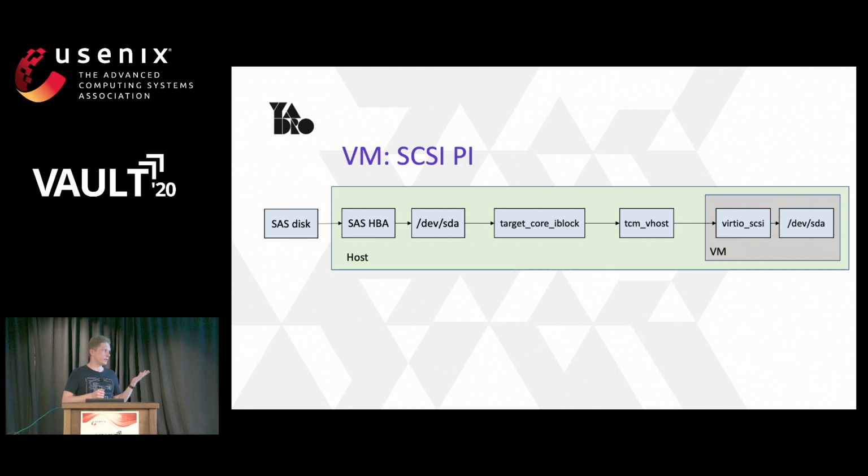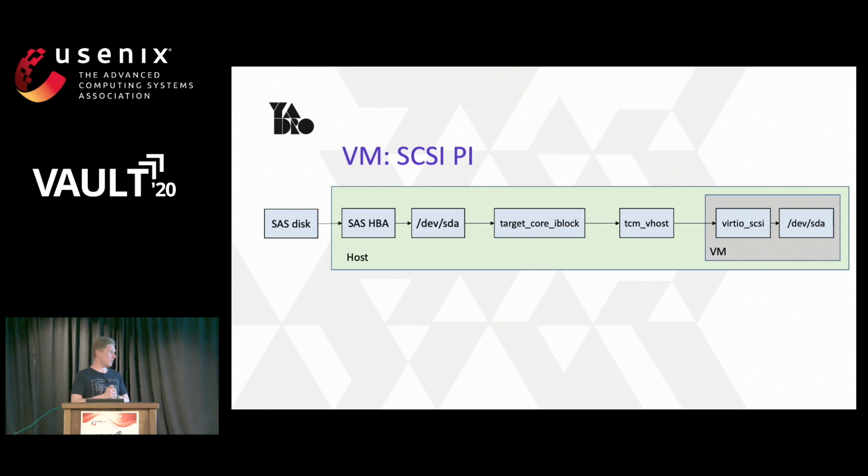With this setup, the virtual machine just sees an ordinary block device with integrity protection enabled. And as far as we found, vhost and virtio SCSI is the only driver currently that supports that integrity pass-through to the virtual machine.